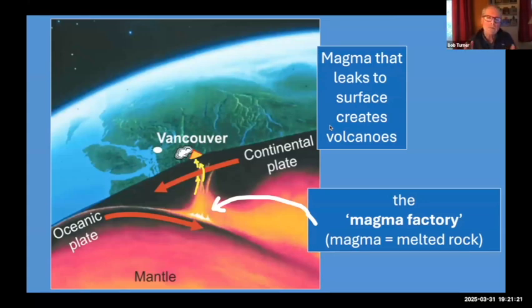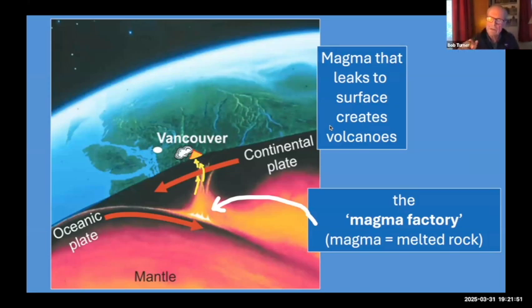Anyways, each of these volcanoes sits above what I call a magma factory, deep down just above the oceanic plate. And any magma that can make it all the way to the surface erupts to contribute to a volcano. And magma that only makes it partway cools and crystallizes into rock, becoming some form of granitic rock.